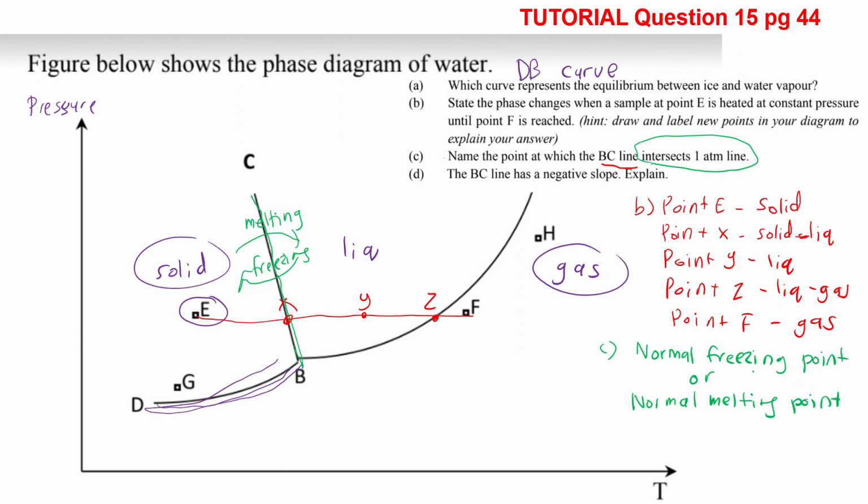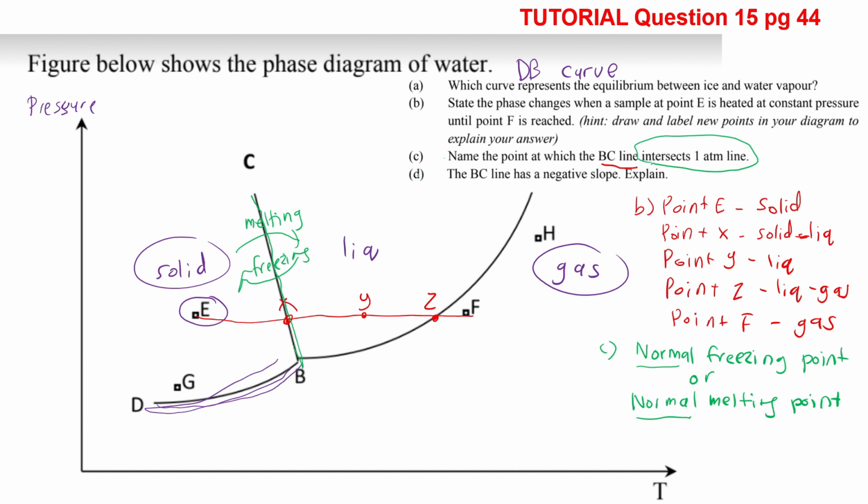Okay, apa beza freezing point ataupun melting point without the word normal? So kalau tanpa perkataan normal, meaning freezing and melting ni berlaku pada pressure selain daripada 1 atm, lower than 1 atm ataupun higher than 1 atm. Kalau berlaku pada 1 atm, akan ada perkataan normal.